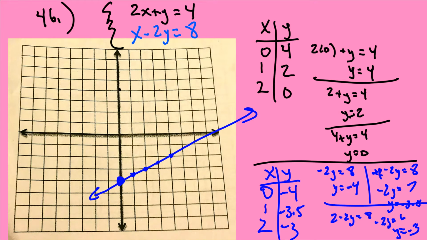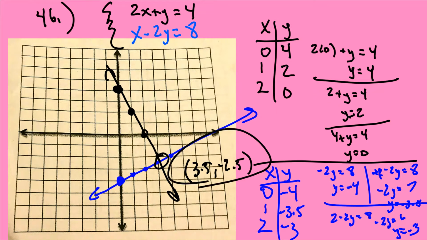I'm going to go 0, 4, 1, 2, 2, 0. And I look and see where they cross, and it kind of looks like 3.5, negative 2.5. So that's your solution. X marks the spot.